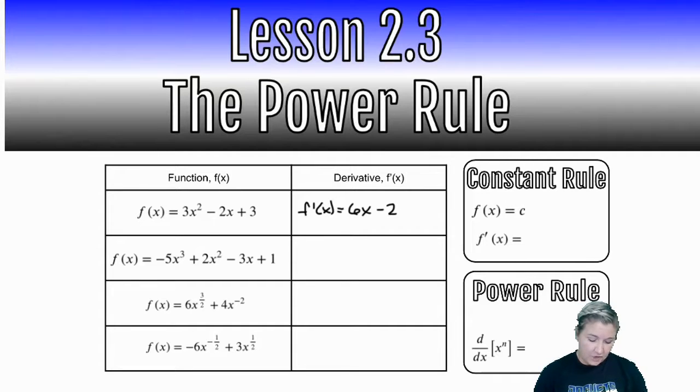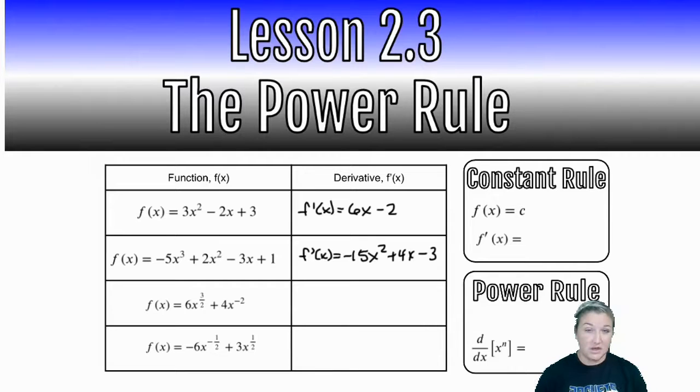If our function is negative 5x to the third plus 2x squared minus 3x plus 1, then the derivative is negative 15x squared plus 4x minus 3.